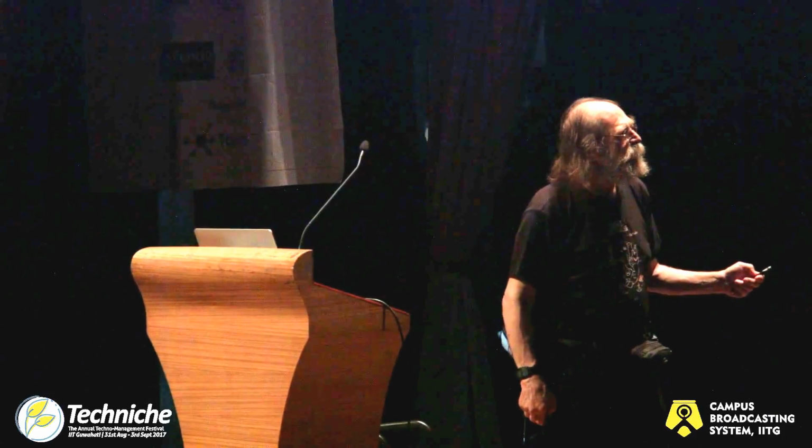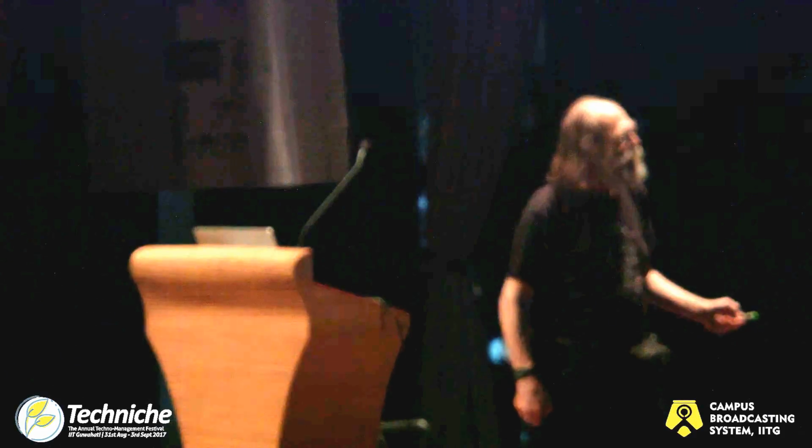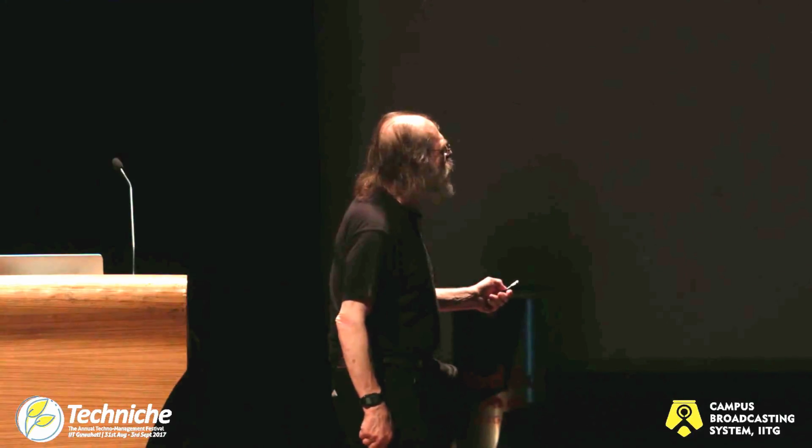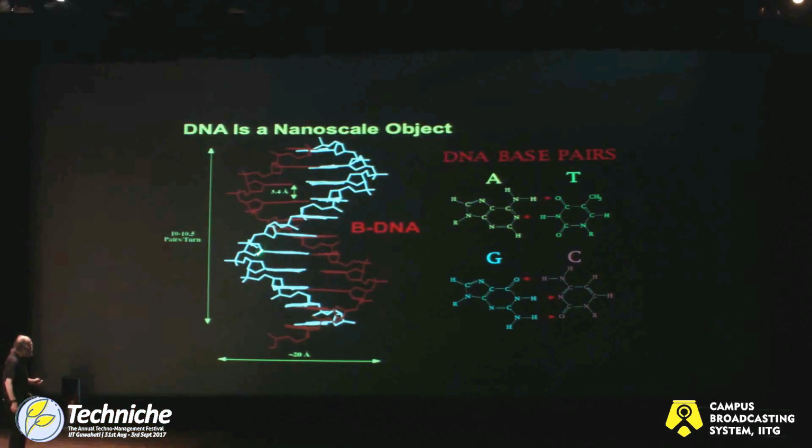The form of DNA that we're looking at here, where the base pairs are perpendicular to the helix axis, we call B-DNA. And we should remember that DNA is a nanoscale object. Its helical repeat is about 3.5 nanometers, and its width is about 2 nanometers. And there are about 10 or 10.5 units per helical repeat.